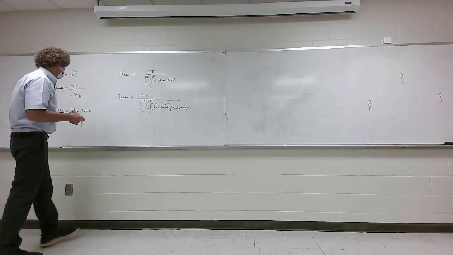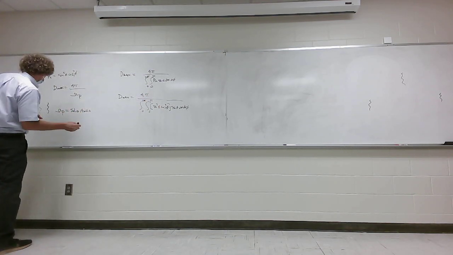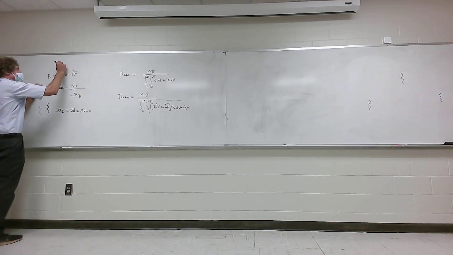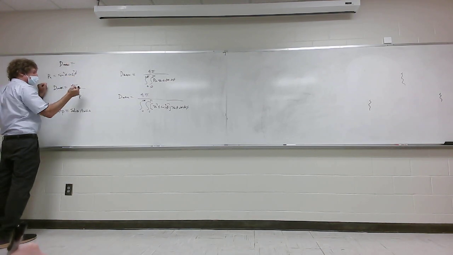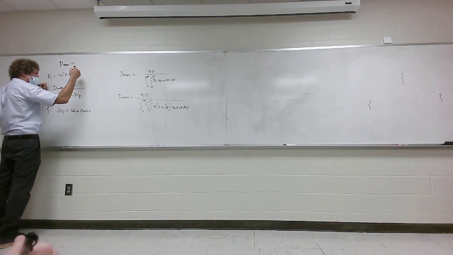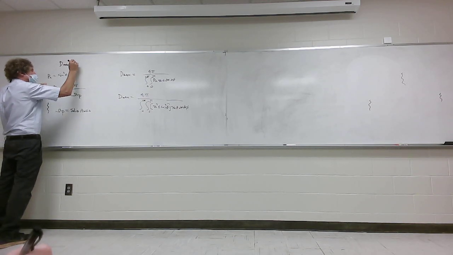Something else I should say is that D max is also, I don't spend a lot of time talking about that right here because it's more for antennas. If you take a 400 level course in antennas, we talk about that a lot more.